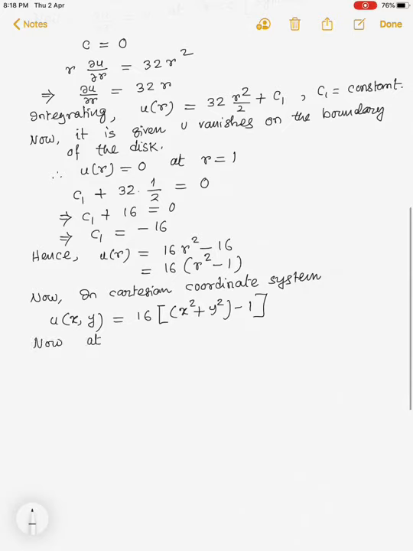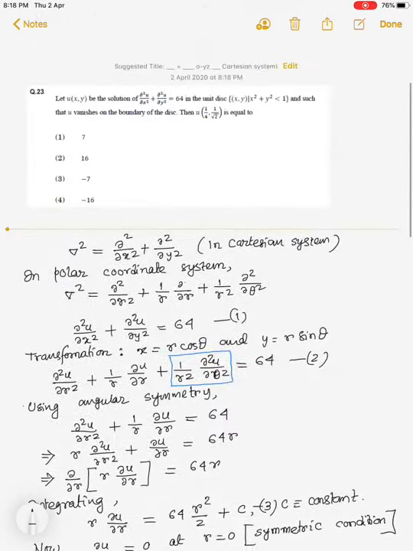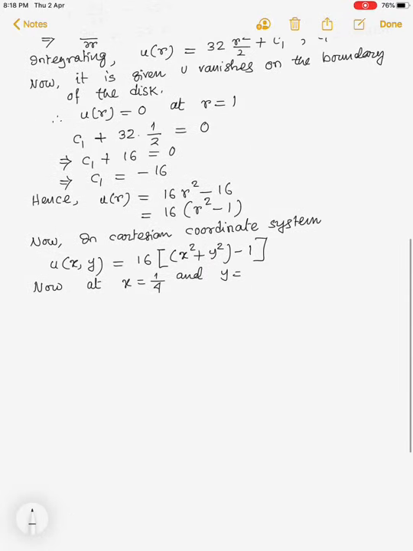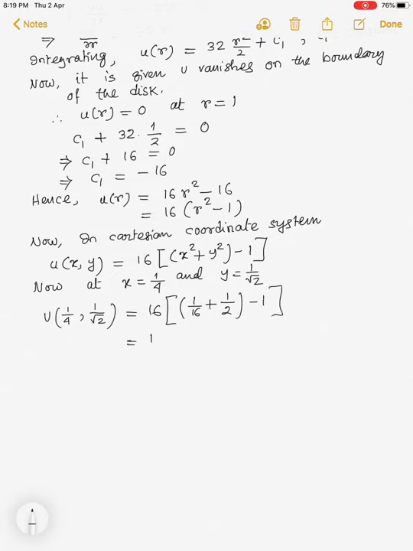Now at x is equal to 1 by 4 and y is equal to 1 by root 2, we have u(1/4, 1/root 2) is equal to 16 times (1 by 16 plus 1 by 2 minus 1).